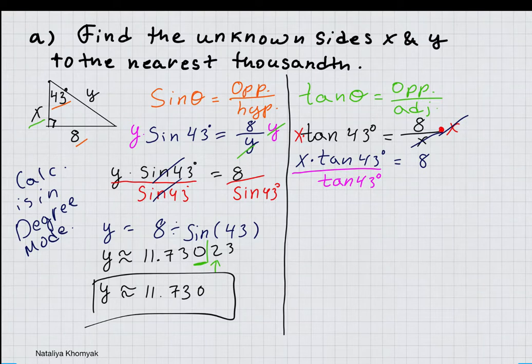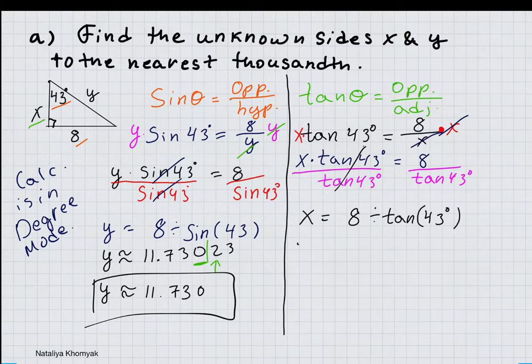And whatever you do to one side of the equation, you want to do the same thing to the other side. Tangent and tangent cancel on the left, and we are left with x equals 8 divided by tangent of 43 degrees. This is what you put into your calculator.